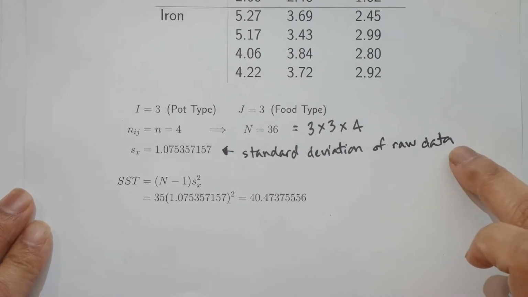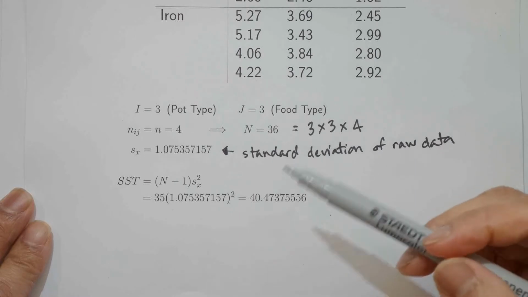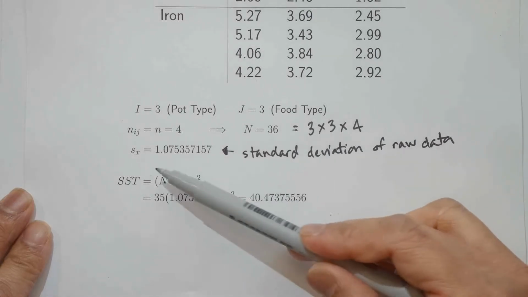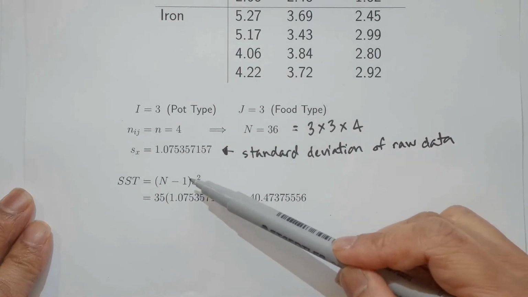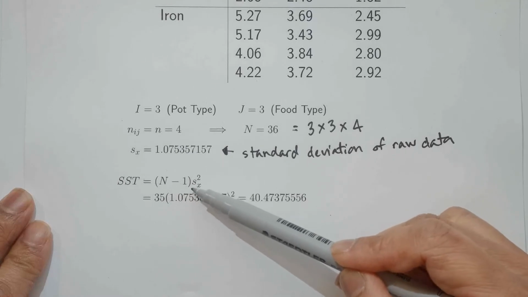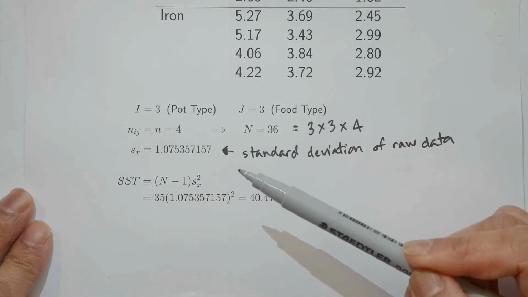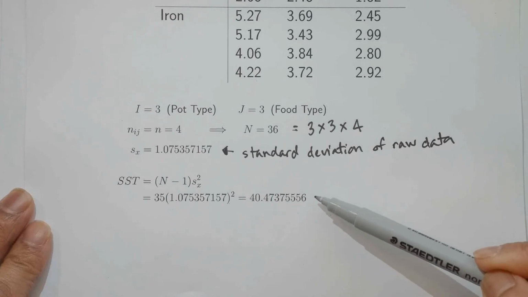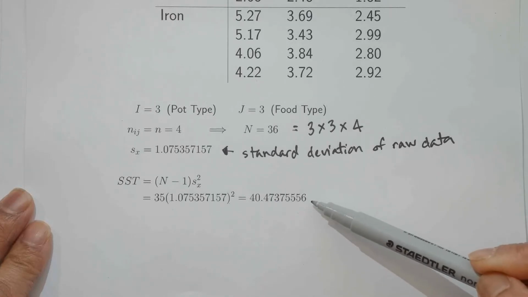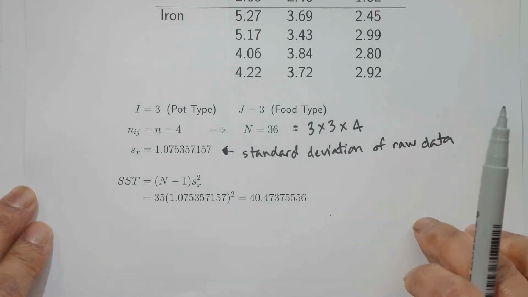Now, once we have it, we can calculate our sum of squares total, which is capital N minus 1 times Sx squared. And for these data, we get a sum of squares total of 40.473756.